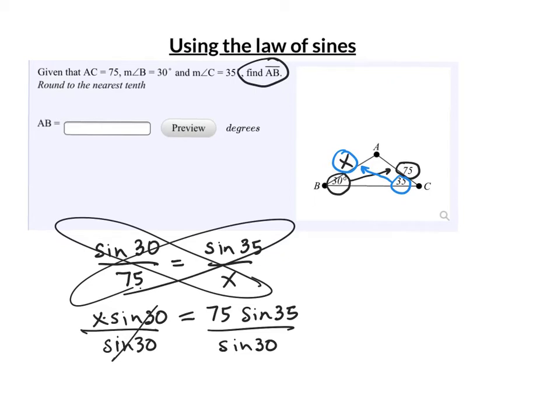And x ends up being, punch that into the calculator, rounding to the nearest tenth, 86.03. So 86.0 is the length of that side.